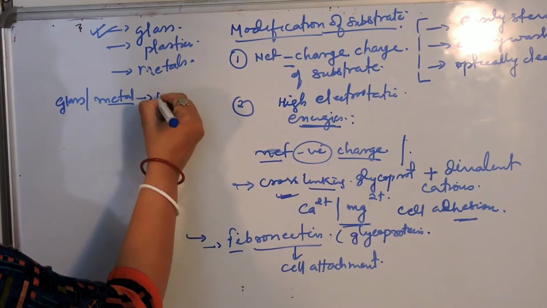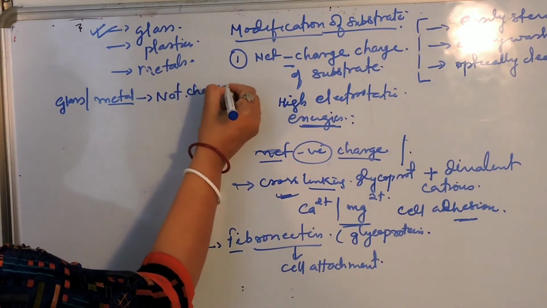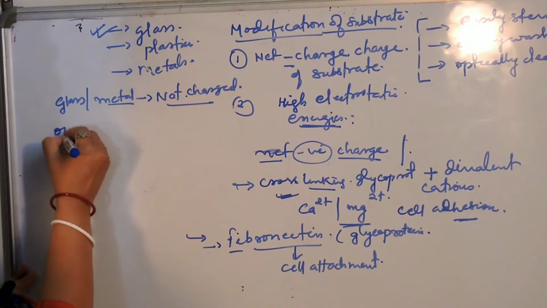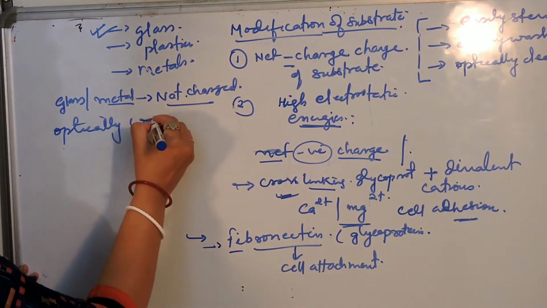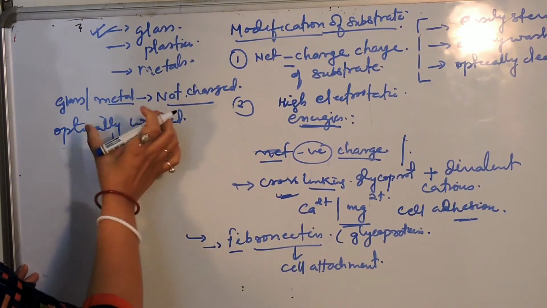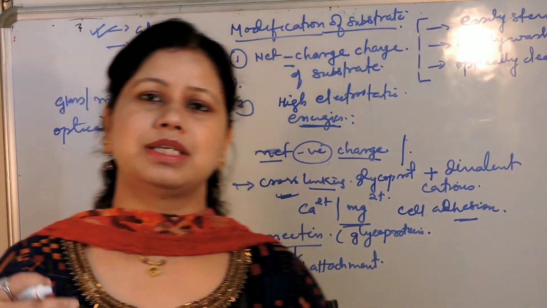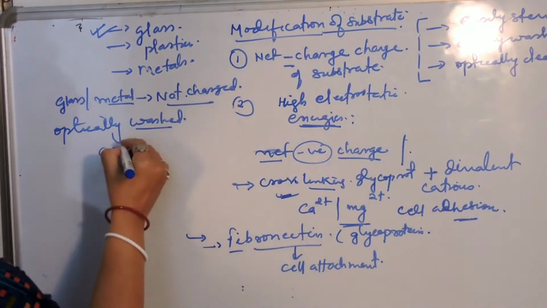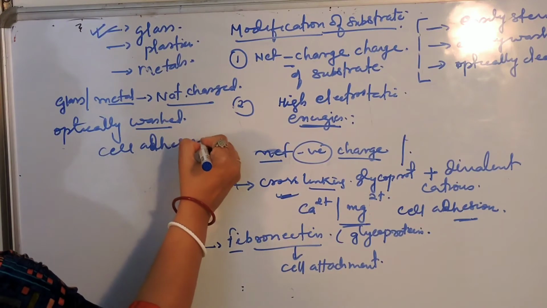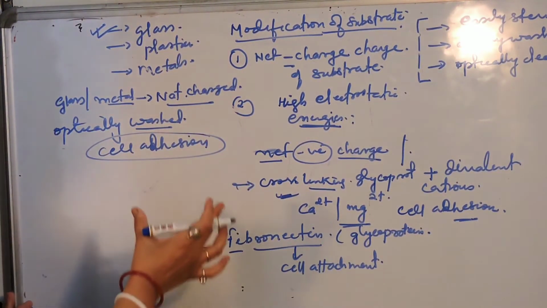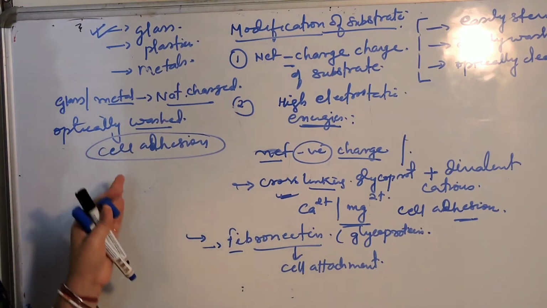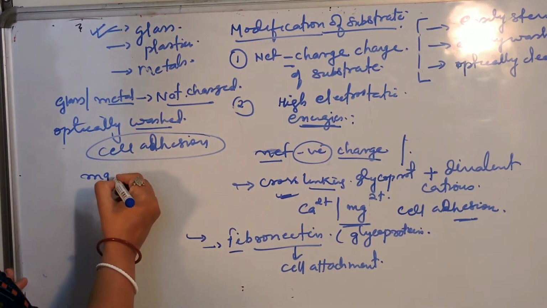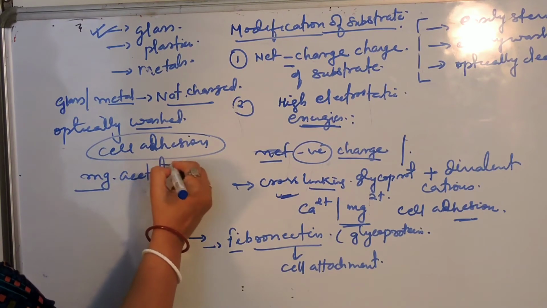But it can be optically washed, and optically washed glasswares can be treated with magnesium acetate, just to regain the cell adhesion properties. The surface cannot be modified because it is naturally charged, but the cell adhesion property can be lost, and to regain it, treatment with magnesium acetate is required.